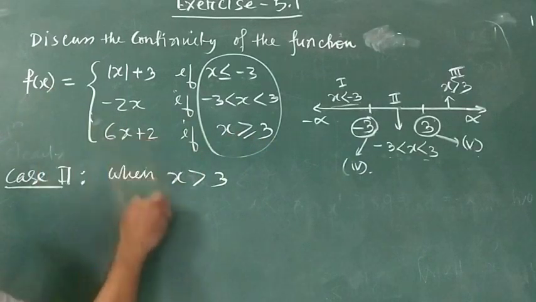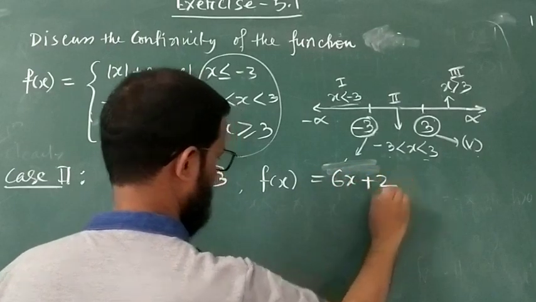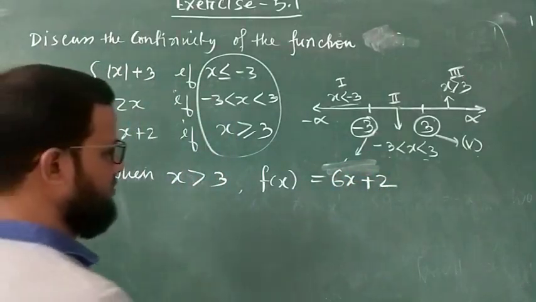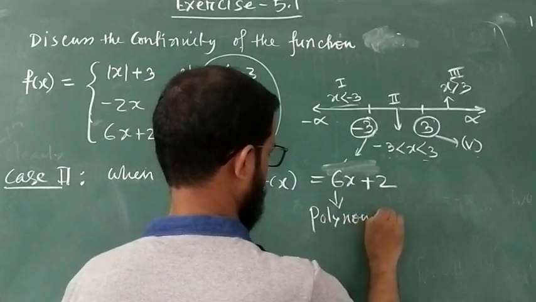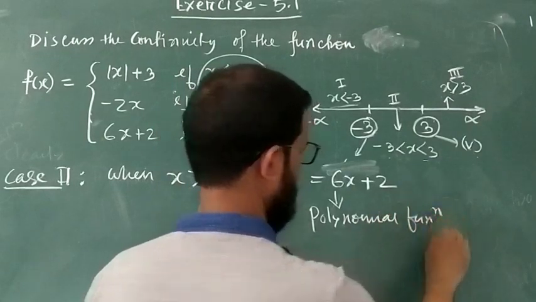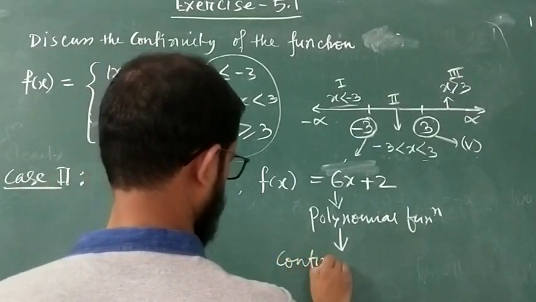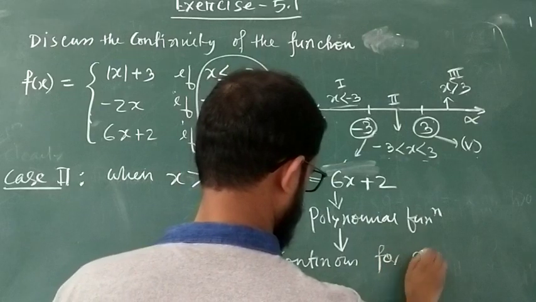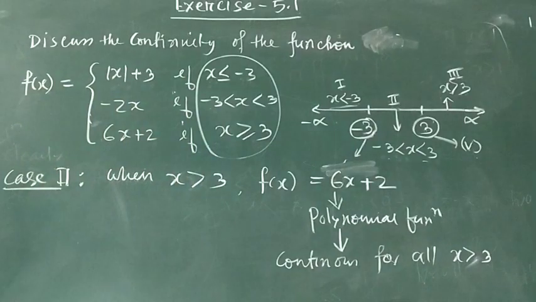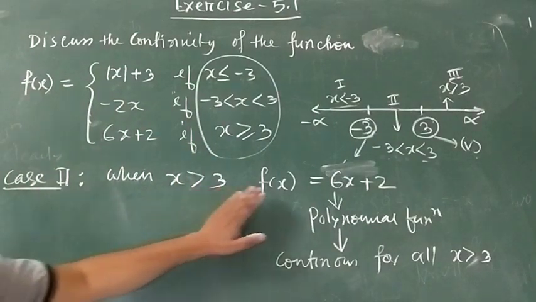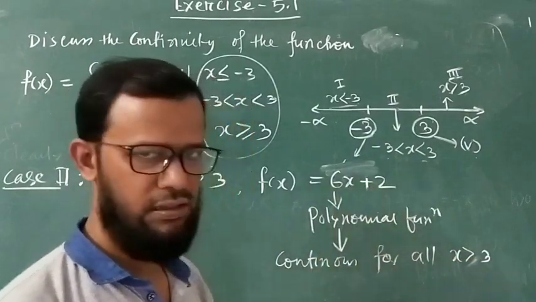Your function f(x) is 6x plus 2, which is a polynomial function, and hence it is continuous for all x greater than 3.